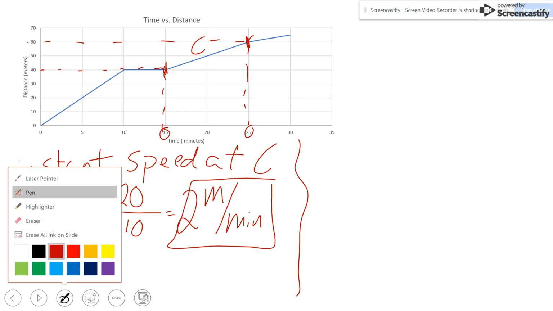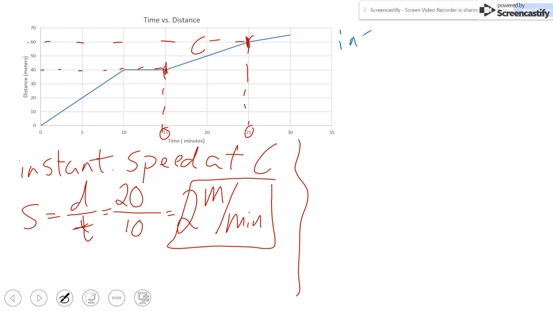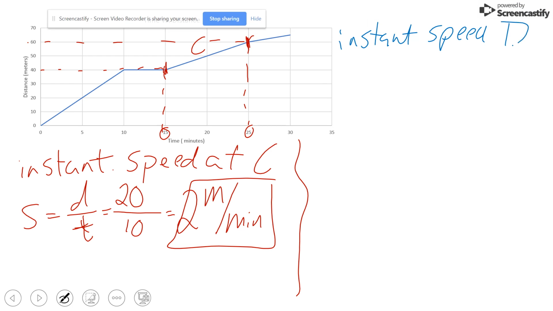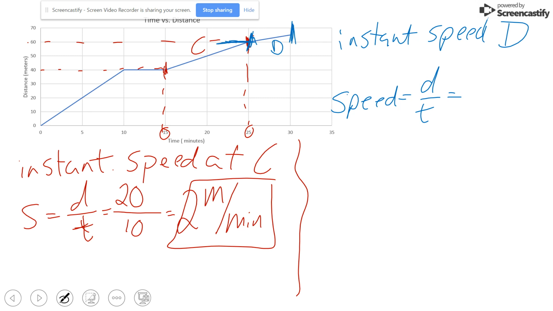Let's also look at the instantaneous speed for point D. We're looking from this point to this point. Again, speed equals distance over time. Our starting distance is now the 60 here. But now our line stops, and I'll erase it so it's easier to see.